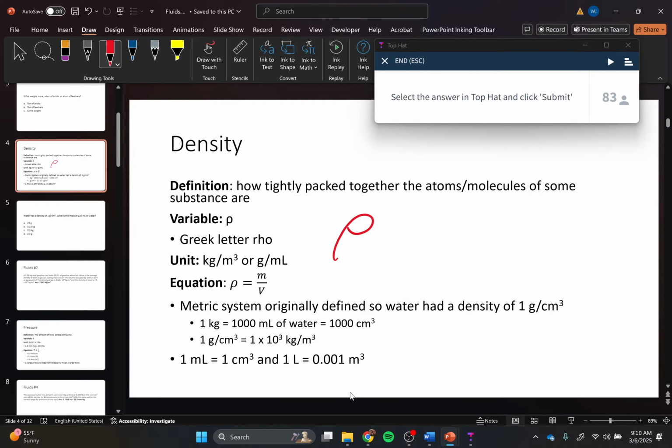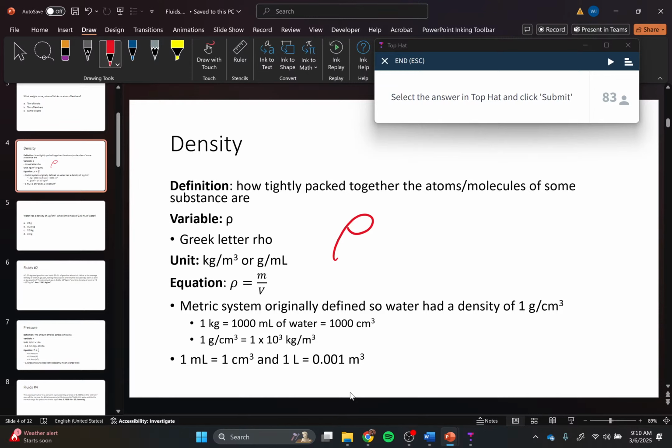And it's a little bit of a pain. When we talk about pressure, we're going to have pascals and millimeters of mercury and newtons per meter squared. There's a lot of different units for the same thing. Why are there so many different units? I have no idea.